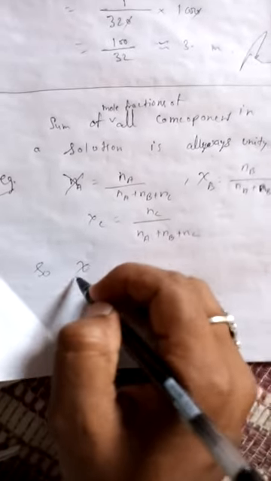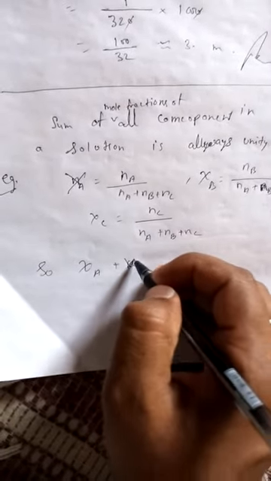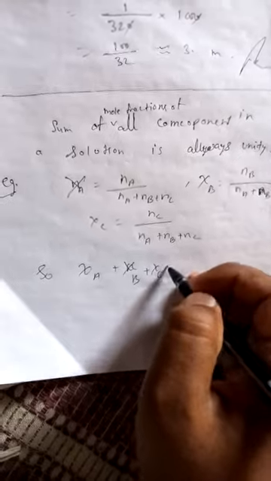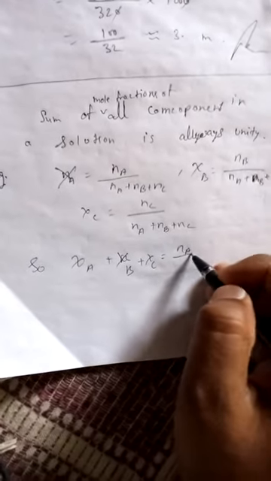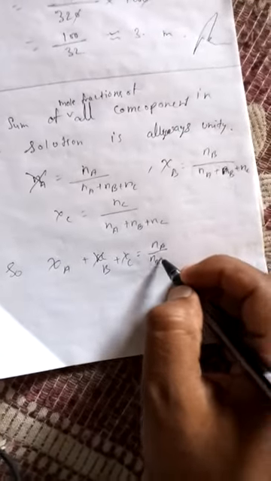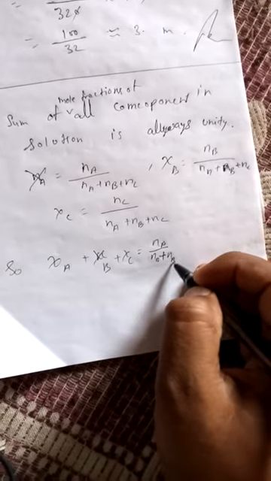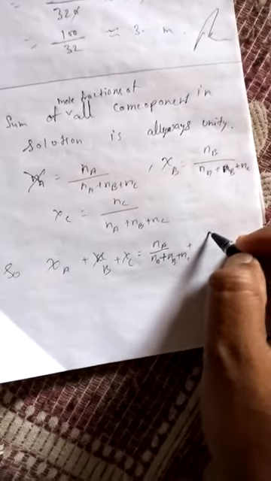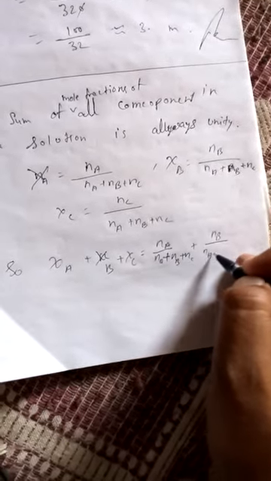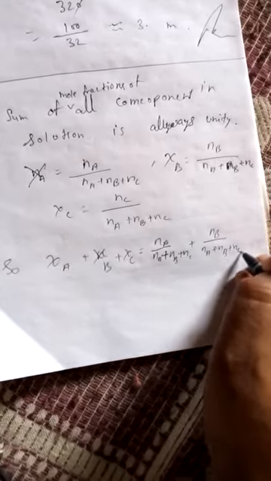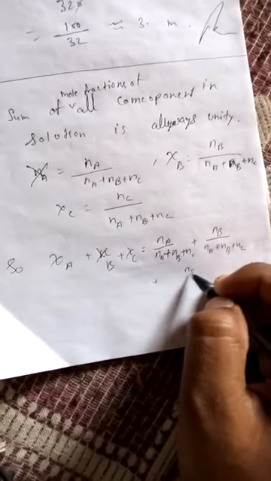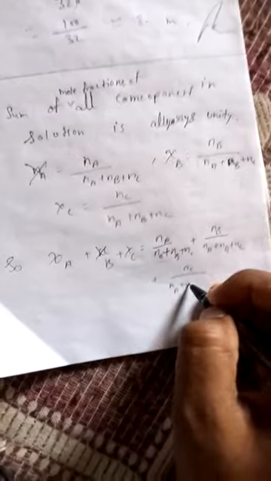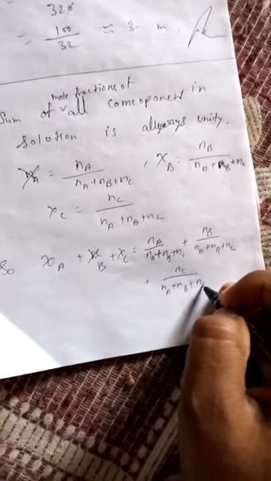So chi A plus chi B plus chi C is equal to Na upon Na plus Nb plus Nc plus Nb upon Na plus Nb plus Nc plus Nc upon Na plus Nb plus Nc.